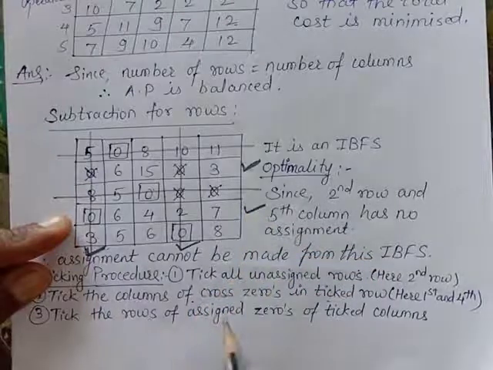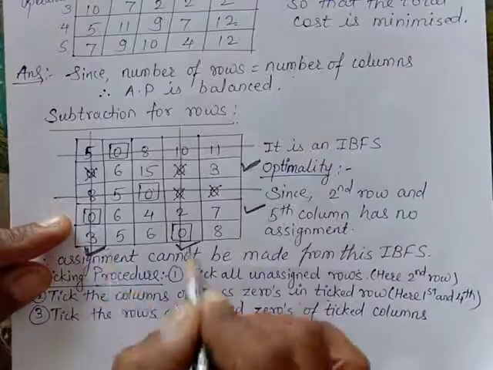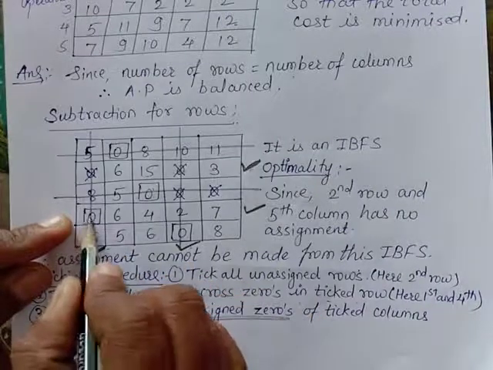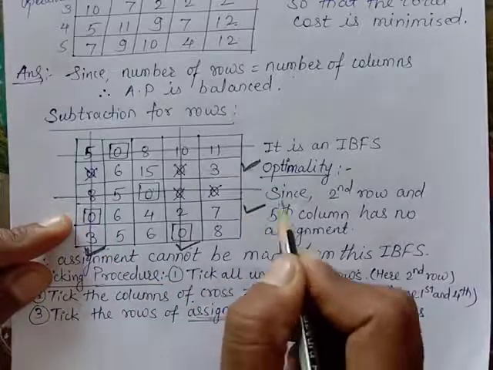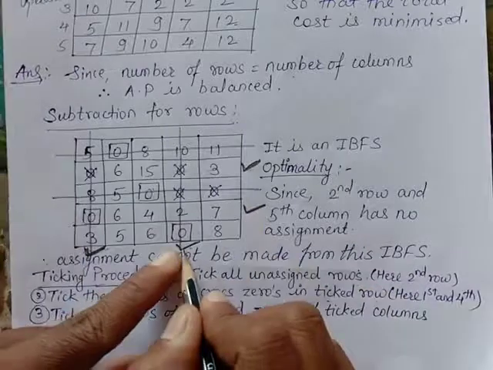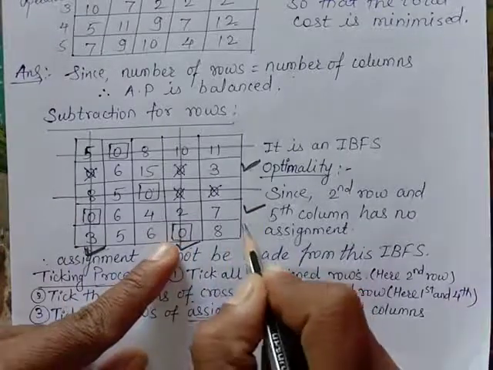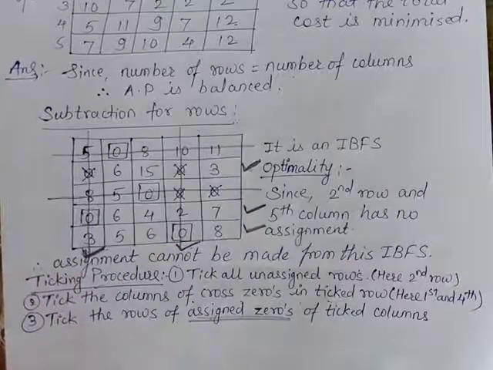Tick the rows of assigned zeros of ticked columns. Ticked columns are first and fourth. In the first column there is an assigned zero in this fourth row, so I am ticking the fourth row. And in the fourth column there is an assigned zero in the fifth row, so I am ticking the fifth row as such. This is our ticking procedure.